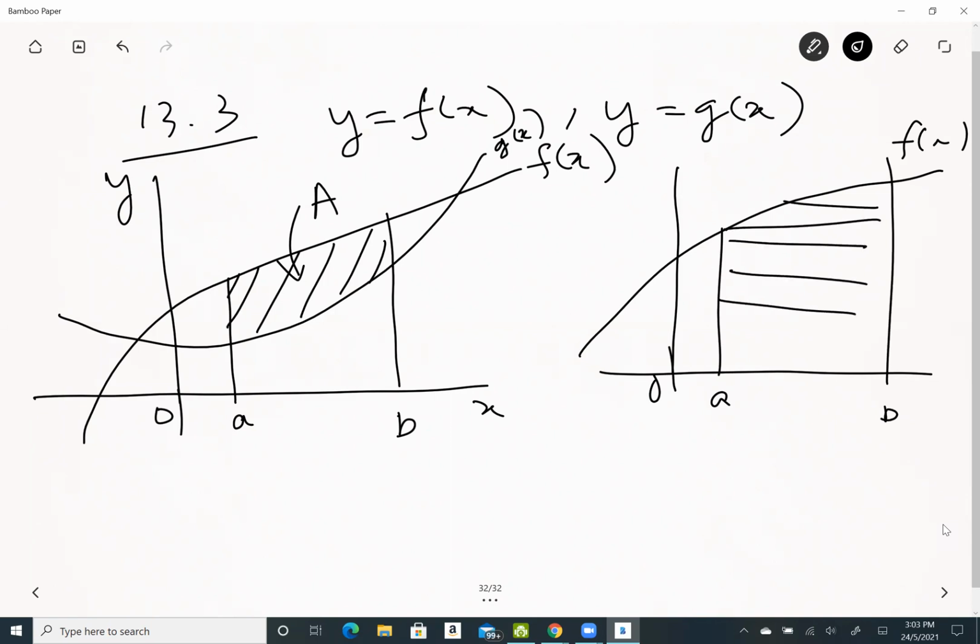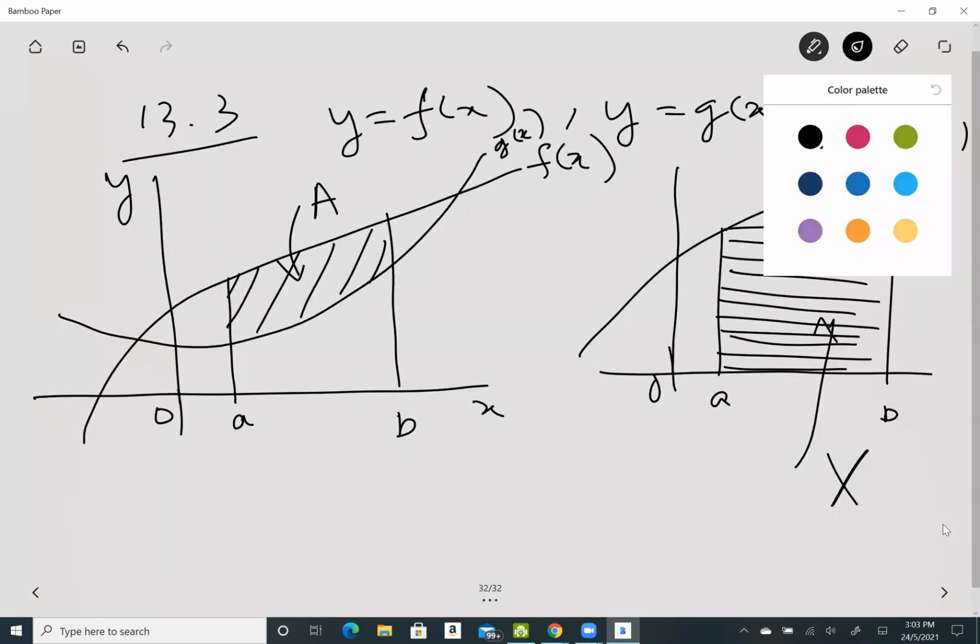Right? The area under f of x is the whole area. Now you don't want this. Okay, I don't want that one. I want only that part, which is bordered by another function, g. So now, how do you do that?